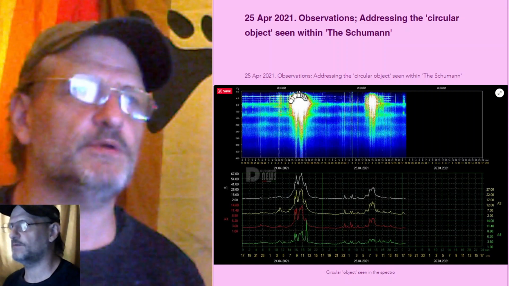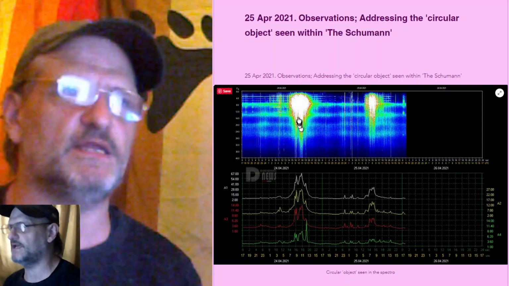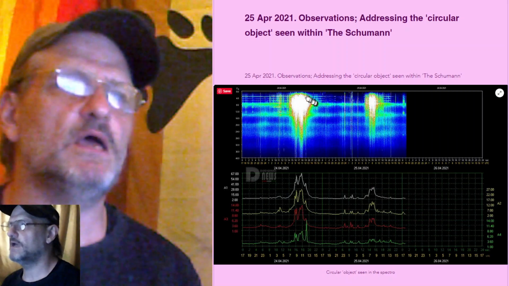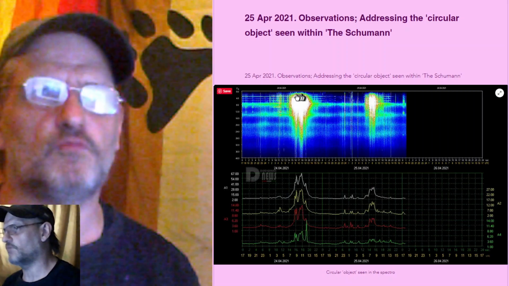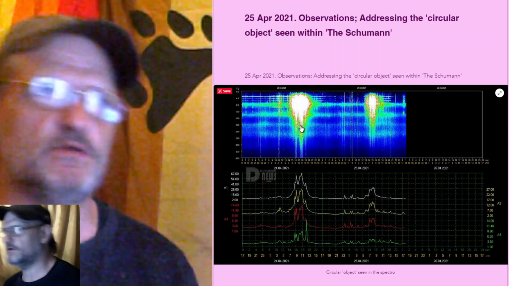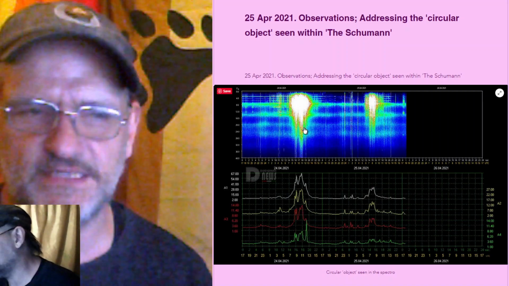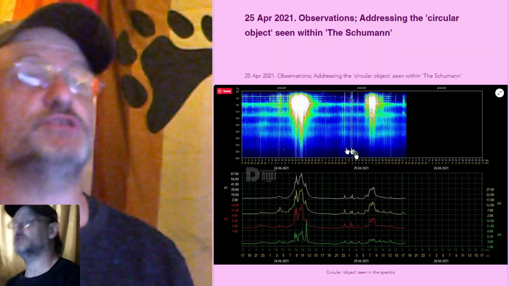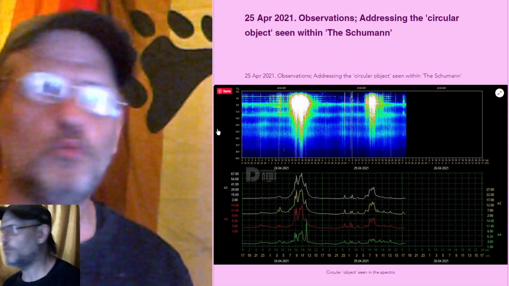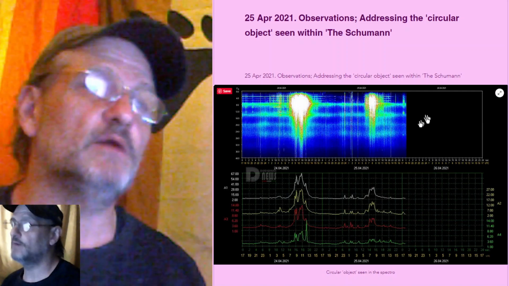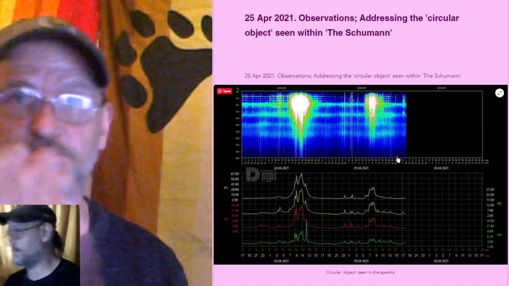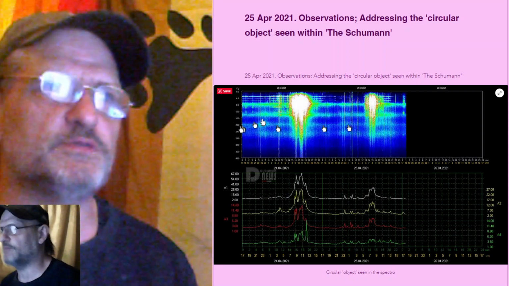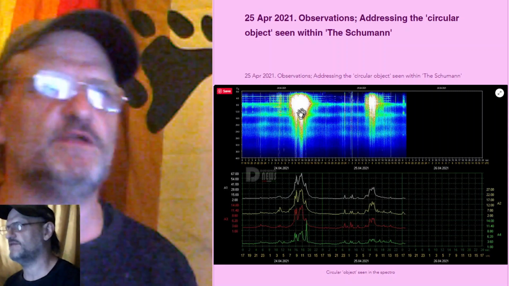Hopefully you know what it looks like: basically a skull with elongated teeth. People are also saying it looks like a round object in there, a planet, as if this were an optical telescope. I don't know what people have in their heads about what the Schumann resonance spectrogram is showing, but you get these propositions that it's a planet or a sphere.